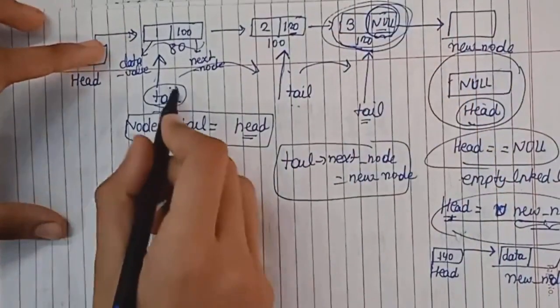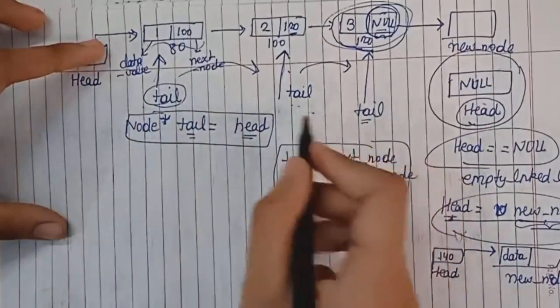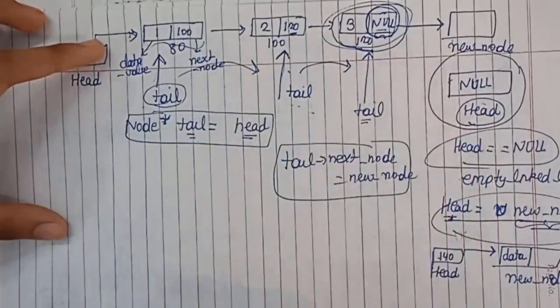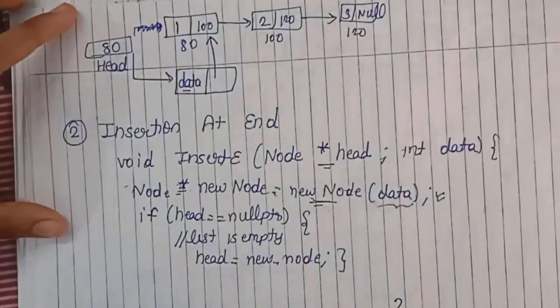So how can you find this last node by the code? Let me just show you the code for this.